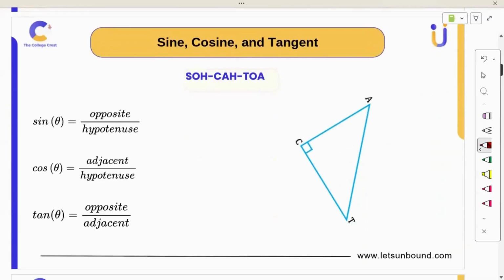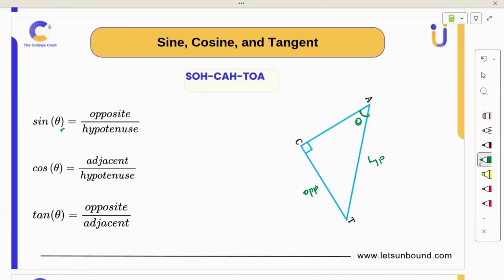Now, a quick overview of sine, cosine, and tangent for a right angle triangle. To find sine theta, where theta is any angle, you take the opposite side of the angle theta divided by the hypotenuse. The hypotenuse is the side opposite to 90 degrees.